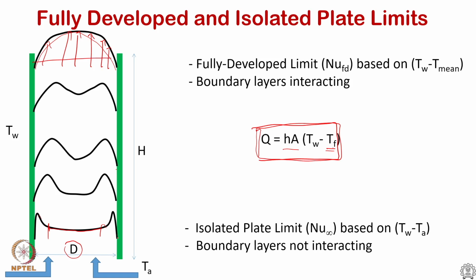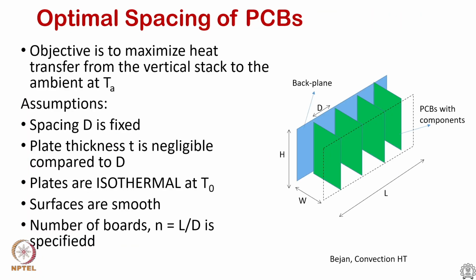On the other hand, in the isolated plate limit, the boundary layer does not interact with the boundary layer of the other plate, so one can think of it as an isolated vertical plate where a boundary layer is developing. This sets two limits on the heat sink performance, and that is what we will make use of. This was done by Bejan in convection heat transfer books, assuming that the walls are at some isothermal temperature and the spacing d is to be manipulated.